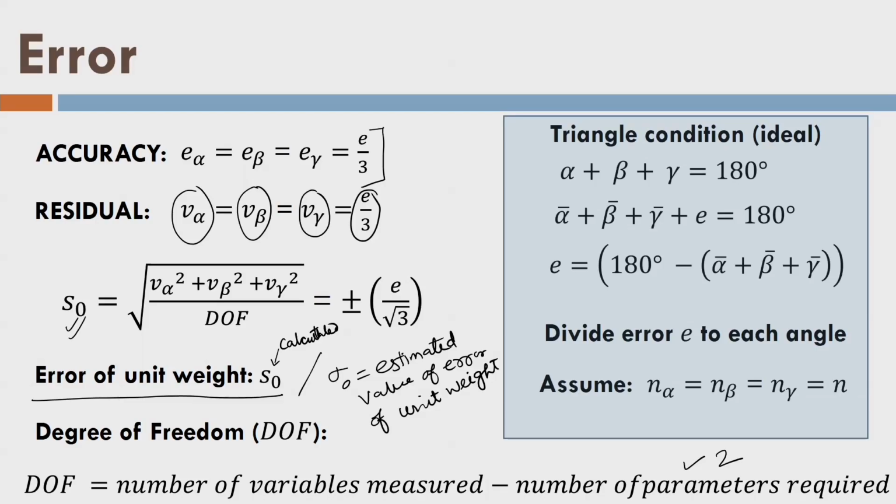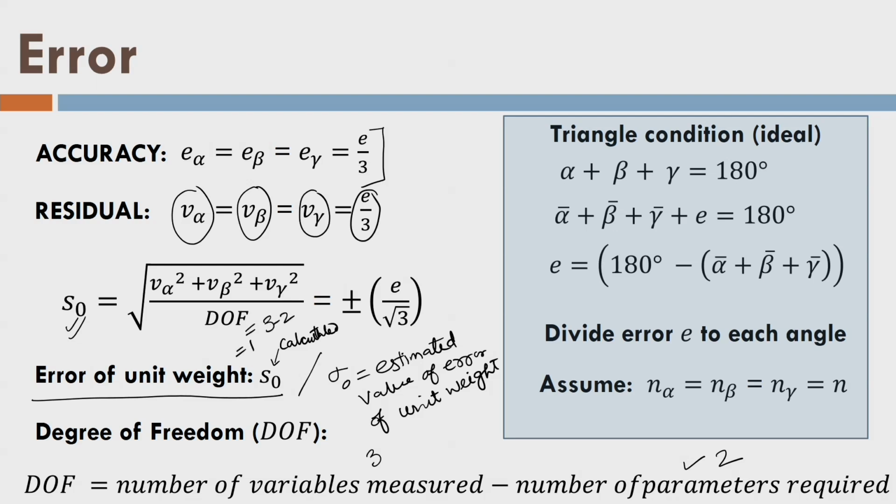You can choose any of the angles as the third angle. So the number of parameters is equal to 2, any two angles. The number of variables measured: I measure all three angles here, so they are basically three variables. So 3 minus 2 is the degree of freedom. That means I have the freedom to calculate one variable, and that is why the degree of freedom is equal to 3 minus 2 equals 1.